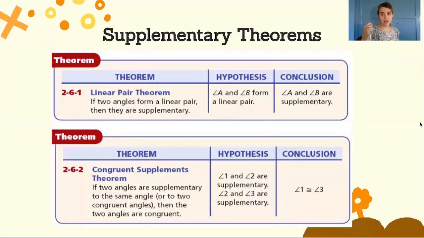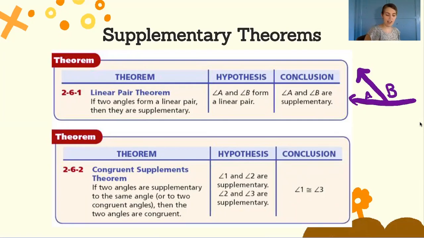The next one has to do with supplementary angles. Remember, supplementary angles add together to equal 180 degrees. The first says if two angles form a linear pair, then they're supplementary. Linear pairs look like this. Like they're a line, but they have an angle coming through them.